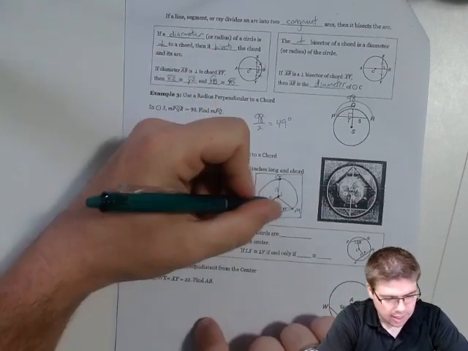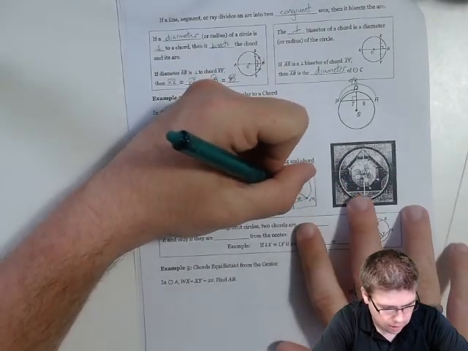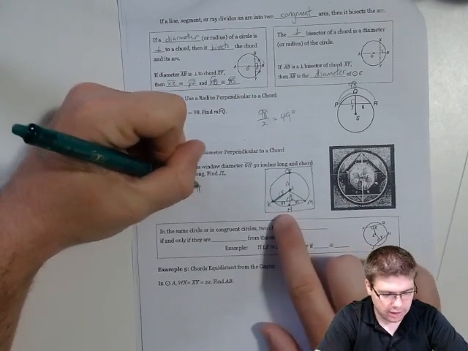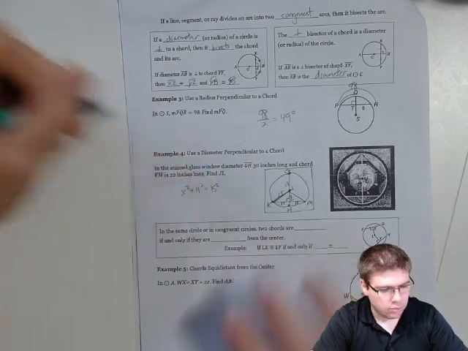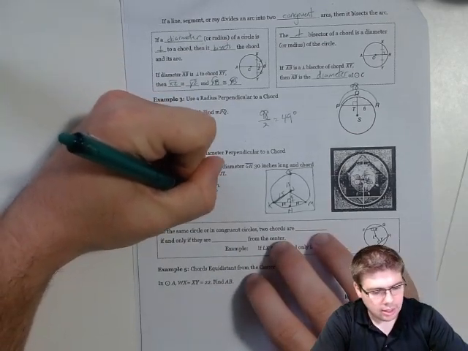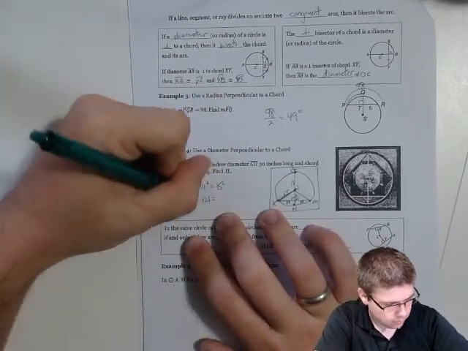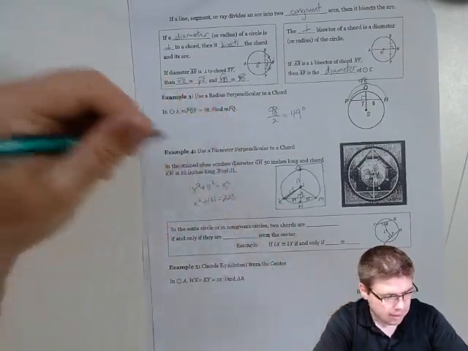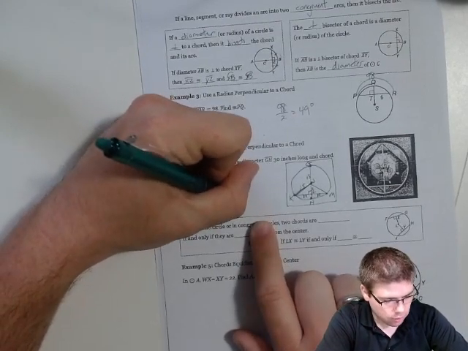Splits it in half, and so from that we can use the Pythagorean theorem here. We could say JL, or I could call it X or something like that. X squared plus 11 squared is 15 squared. So X squared plus 121 is 15 squared, which is 225. And so we can subtract 121 from both sides. We get X squared is 104.